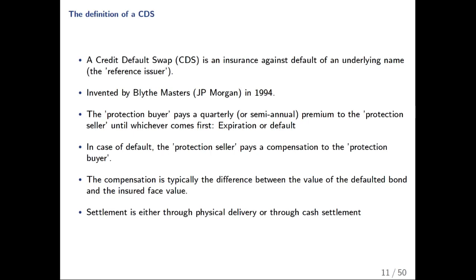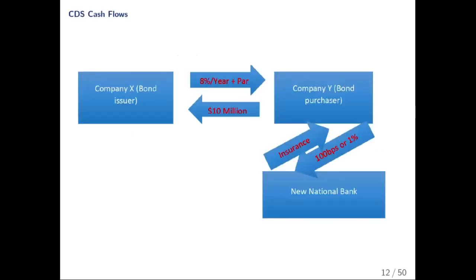Typically there will be a default, and default is defined in many types of default or credit events. There will be an auction through which the post-default price is worked out in the market, and 100 minus that secondary price will be what's exchanged.